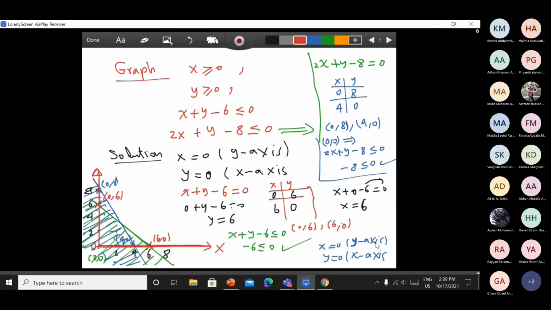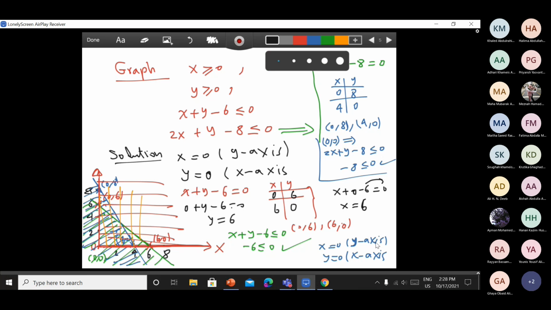So what are the corners here? Yes, the corners including everything. So I have all the x and all the y, and the whole y. So the space having all the colors is the feasible set or the solution set. So yes, I have this one. These are the corners here.